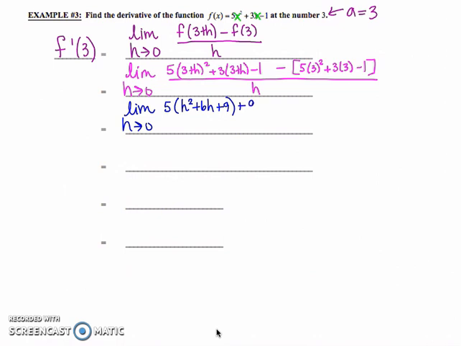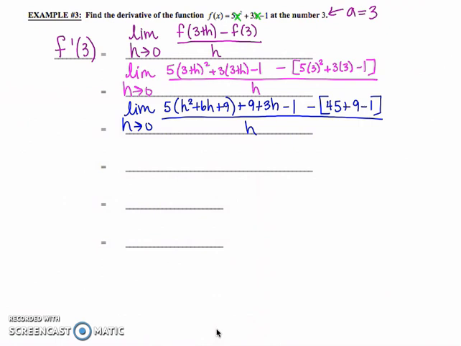So that's going to be 9 plus 3h minus 1, minus, and then inside my brackets, 3 squared is 9, and then 9 times 5 is 45 plus 9 minus 1. And that's all over h.